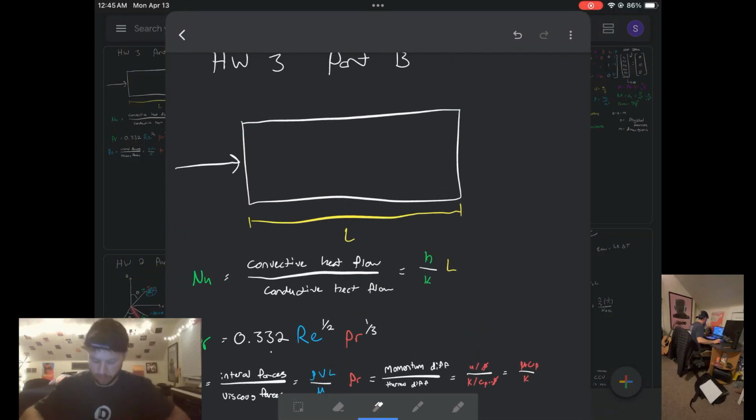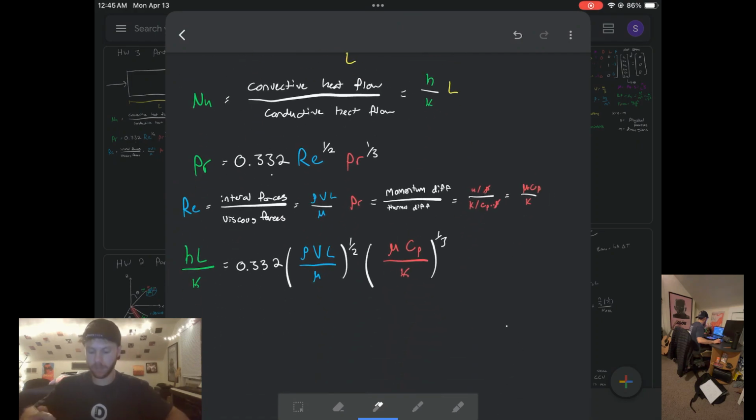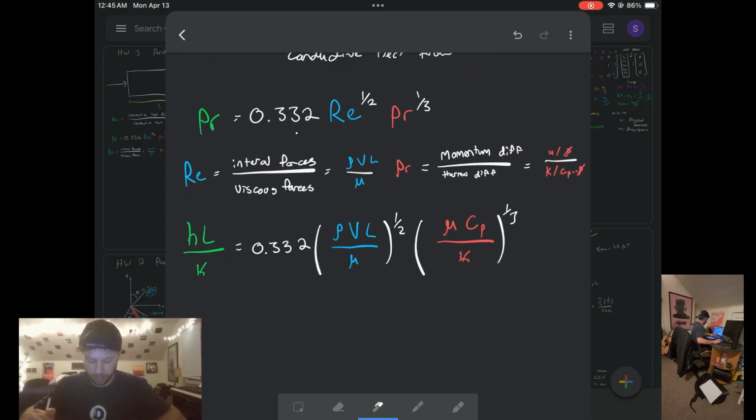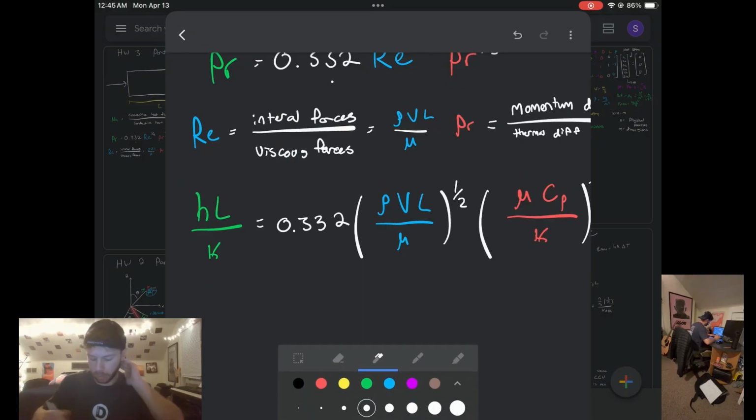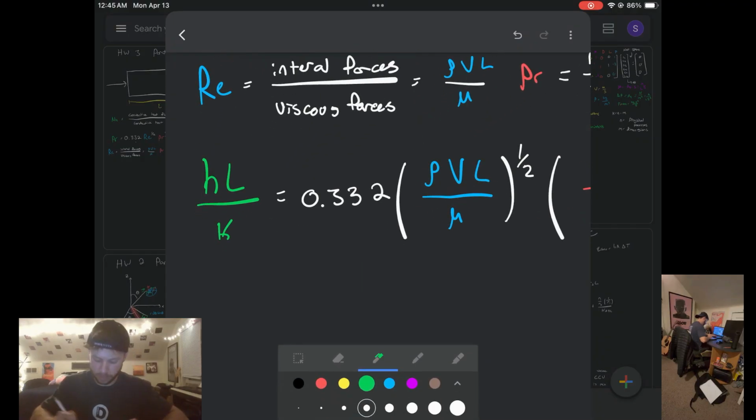Okay, so in order to understand how we can optimize our heat transfer here, we'll need to look at our equation just in terms of our coefficient of heat transfer by convection.